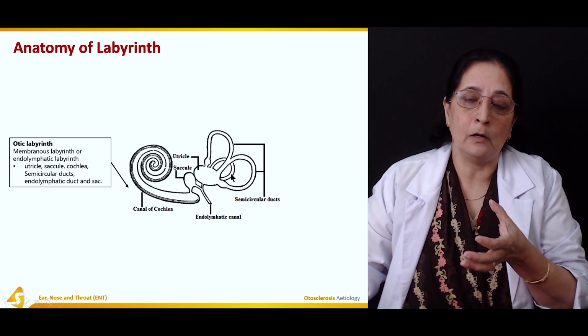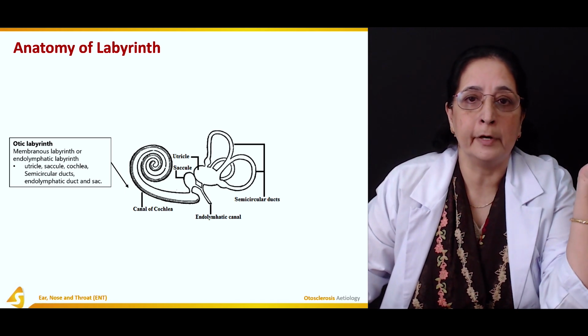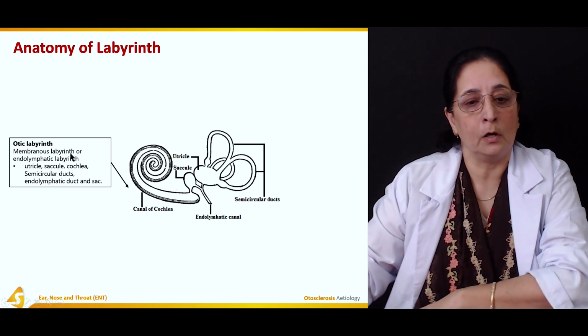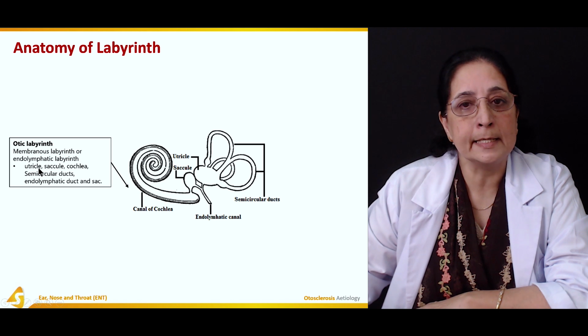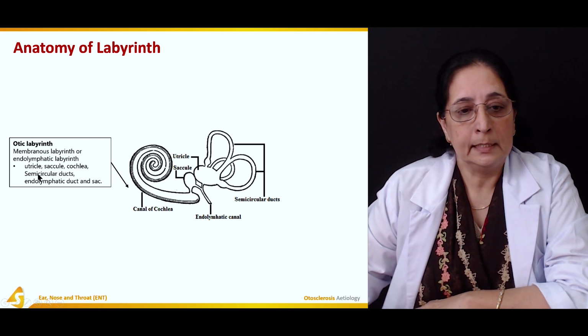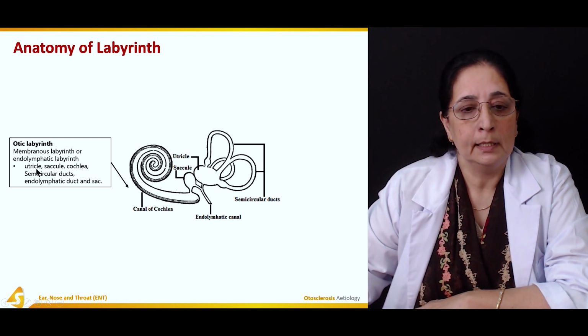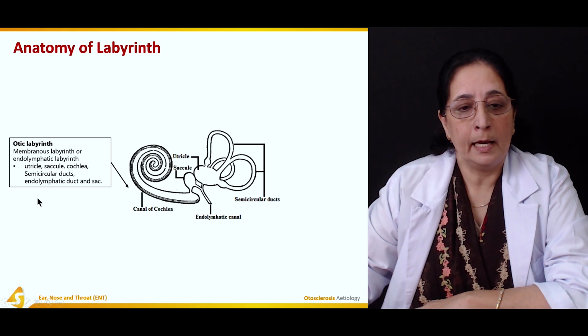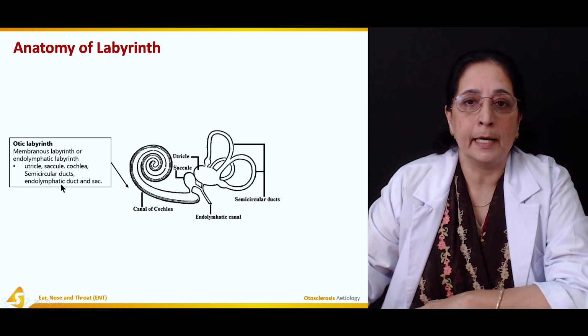And inside we have the membranous labyrinth, or endolymphatic labyrinth. This contains the utricle, saccule, cochlea, semicircular ducts, and the endolymphatic duct and sac.